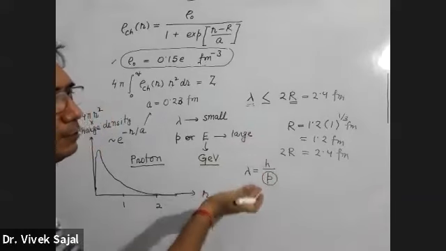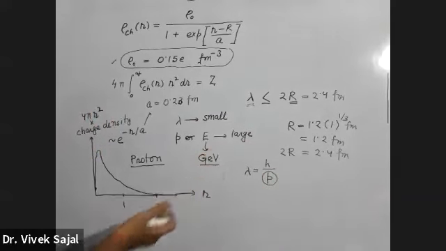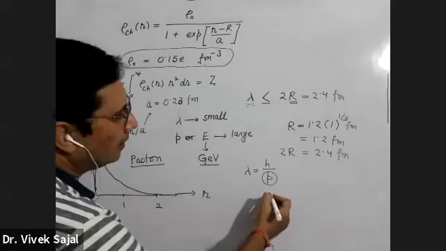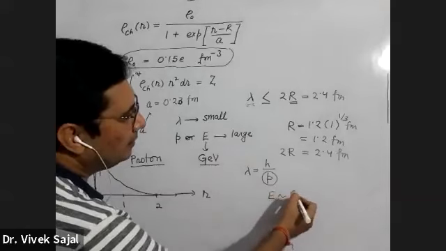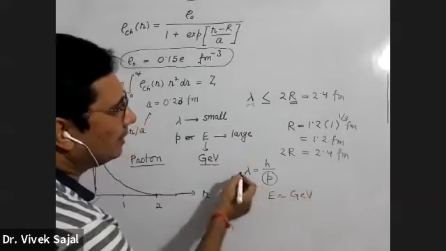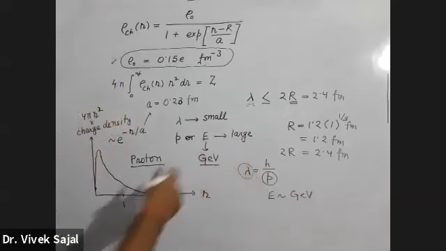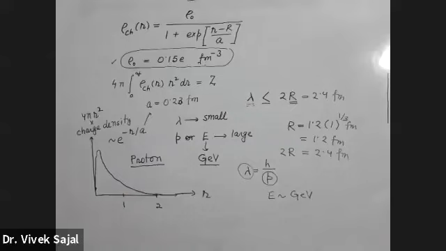If you increase p, it means energy is increasing. If you choose energy of the order of GeV, only then will this lambda be of the order of 2 Fermi. That's why we are using an electron beam of very high energy in the GeV range. So this is the internal structure of the proton.